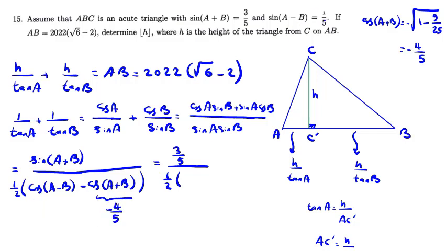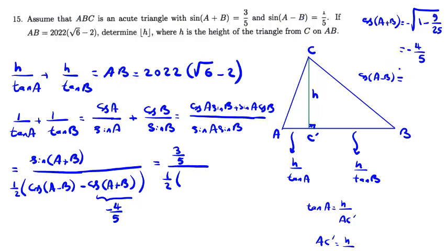We know sine(A minus B) is 1 over 5. So what is cos(A minus B)? Sine of that is also positive, so A minus B is between 0 and 90 degrees because it's an acute triangle, so cos of that is also positive.